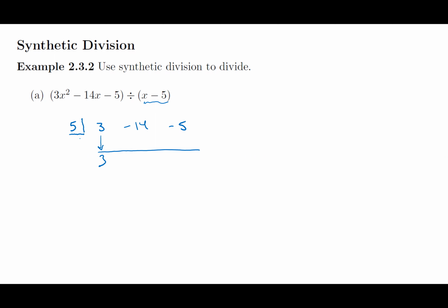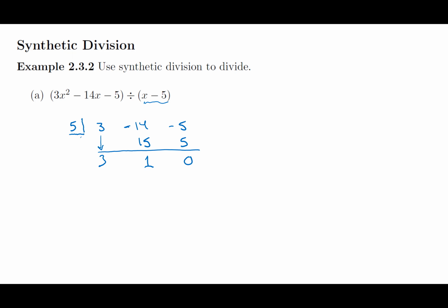So 5 times 3 is 15. -14 plus 15 is 1. Then I do it again. 5 times 1 is 5. -5 plus 5 is 0.